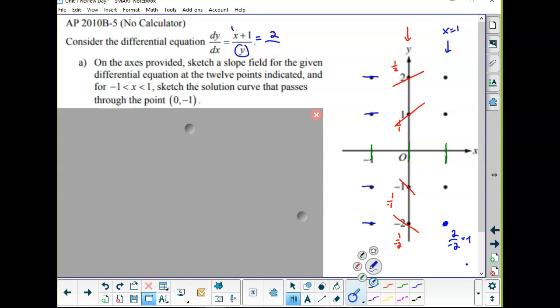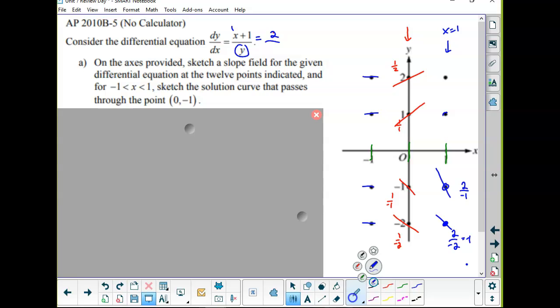So that slope is a -1 slope. So I'm going to kind of estimate that as a -1. At this point right here, we're going to have 2 up top and a -1 on bottom. So I've got to go up 2 over 1. And this should be a -2 slope, more steep than the one that I just drew.